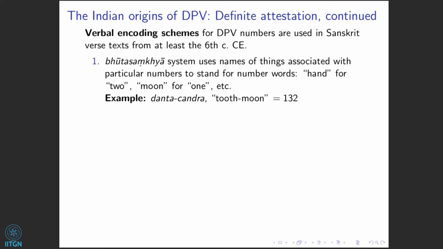So any word meaning hand in Sanskrit can also be used to represent the number 2. Any word that's there being 2 hands on our bilateral symmetry here. A word for moon can be used to represent the number 1. And there are dozens of such examples.